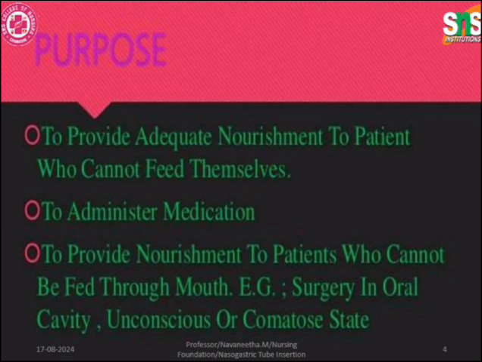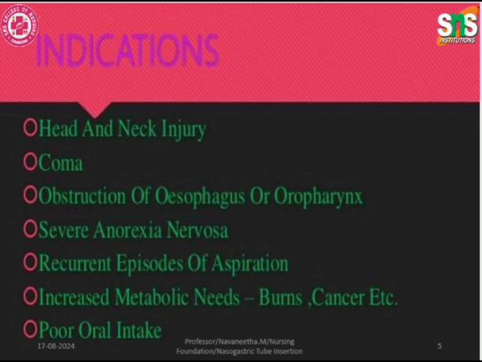The next one is indications. To whom do we have to provide this NG feeding? The first one is head and neck injuries. Those who have a head injury because of RTA, that means road traffic accident, or any spinal cord injuries. Those people can't take food by mouth, so we will go ahead with NG tube feeding.